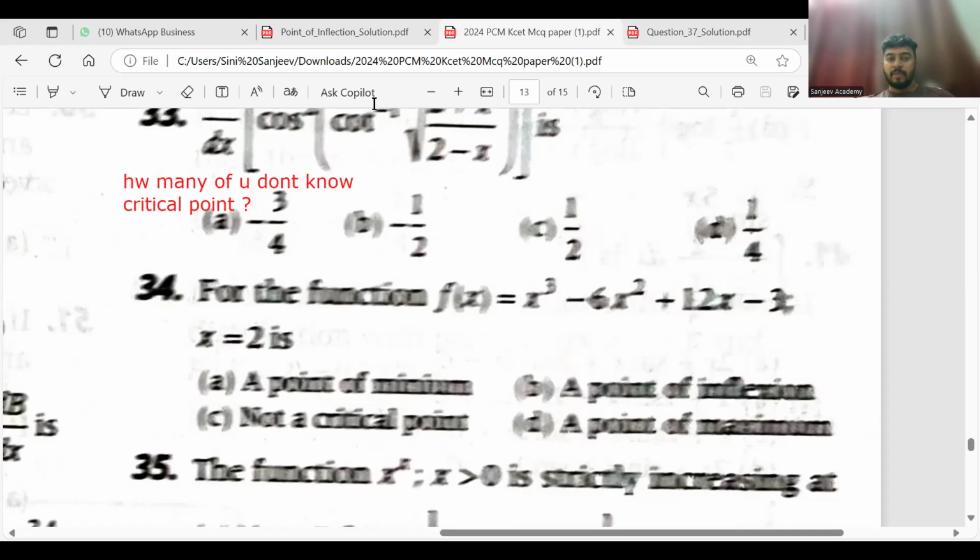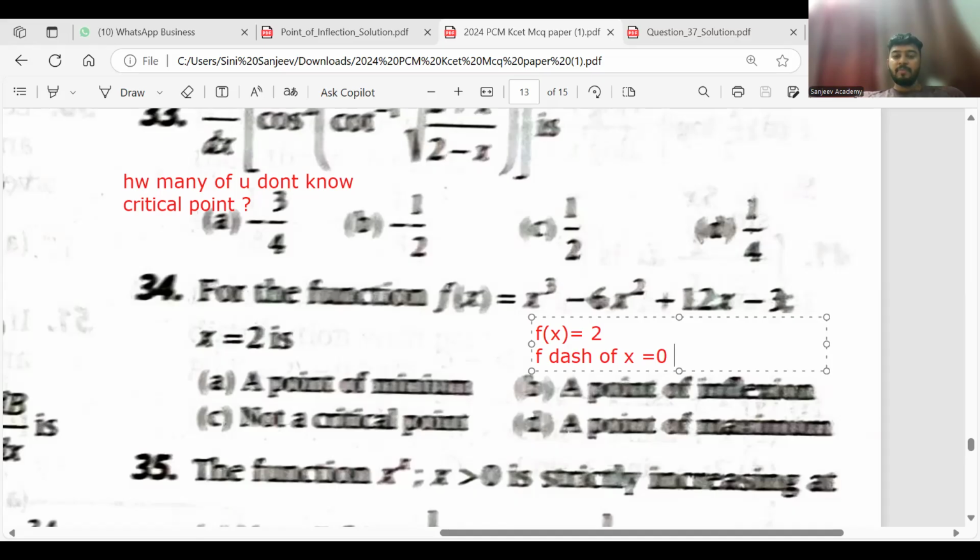Fine. See, suppose the question is f of x is equal to 2. What is my f dash of x? 0, right? F dash of x is 0. So in the first differentiation only, if I am getting 0, that is called critical point.